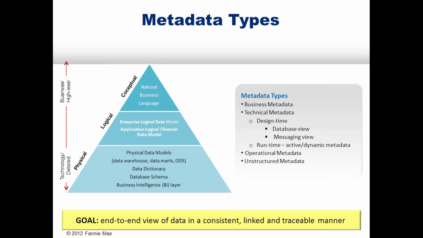And so what we found is we actually had different audiences for the metadata that we were collecting. We also found that we had technical metadata that morphed into different buckets.